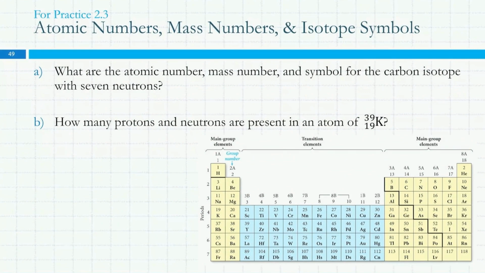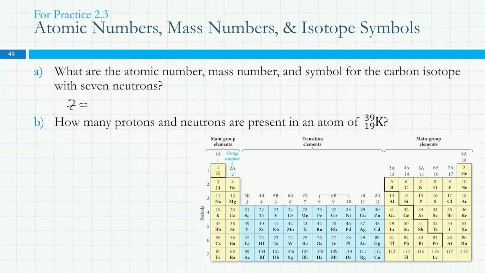Okay, so what are the atomic number, mass number, and symbol for the carbon isotope with 7 neutrons? What would the atomic number be? 6. So atomic number would still be 6.